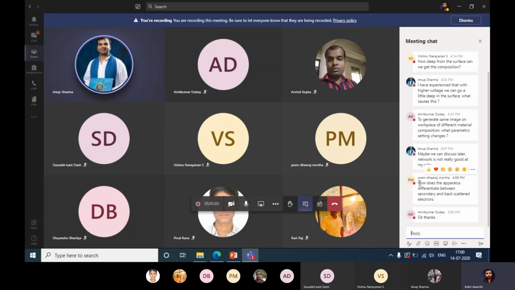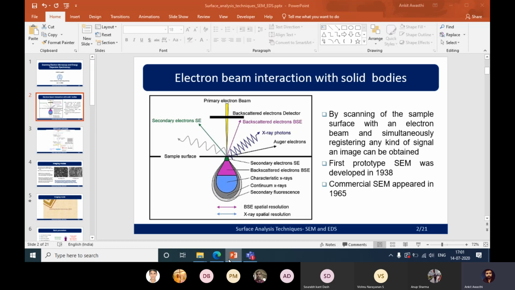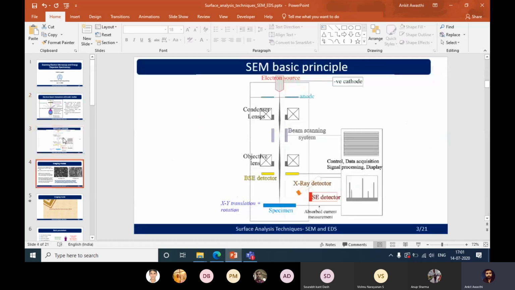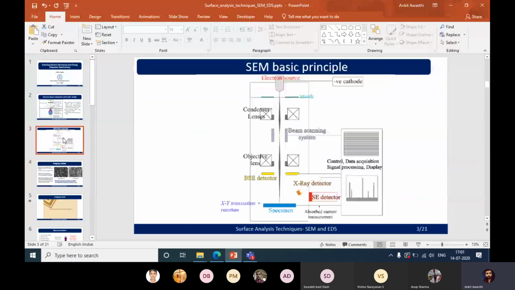How does the apparatus differentiate between secondary and backscattered electrons? Prem, there is no difference between the secondary and backscattered electron apparatus. Here you can see that all the apparatus is the same. They just have to choose whether they are getting the morphology from the BSE detector or the secondary electron detector.